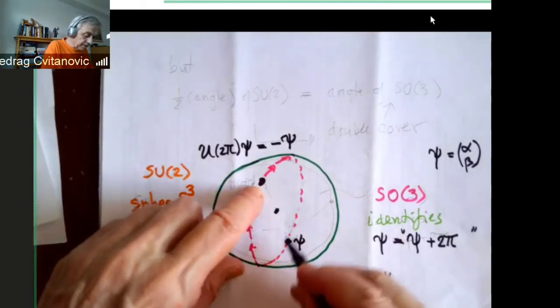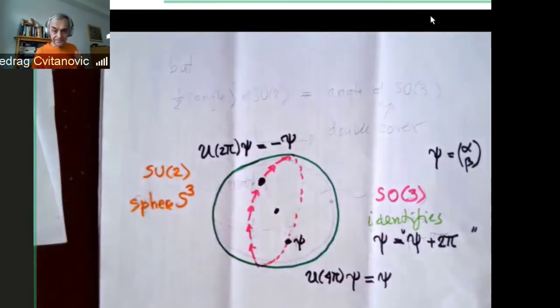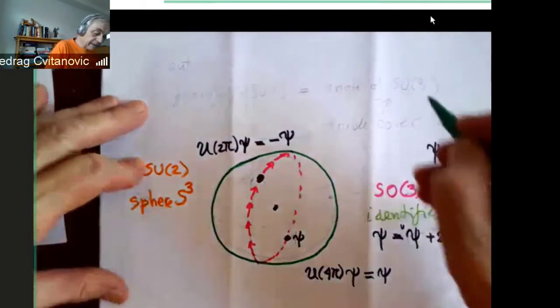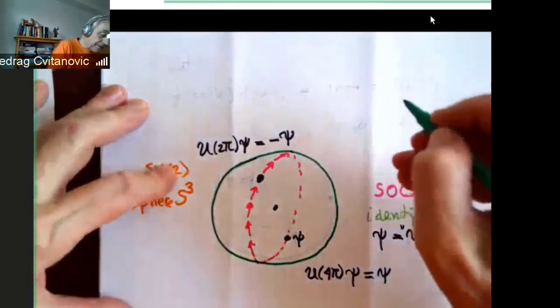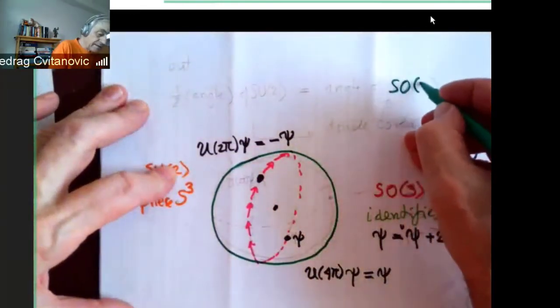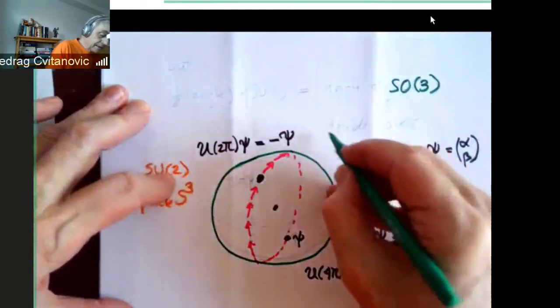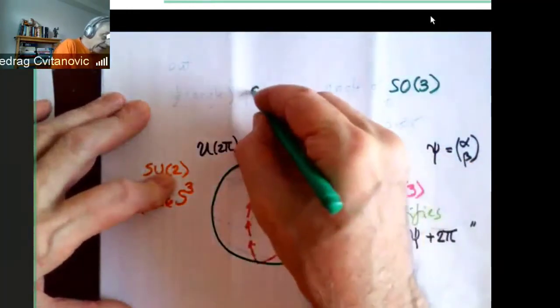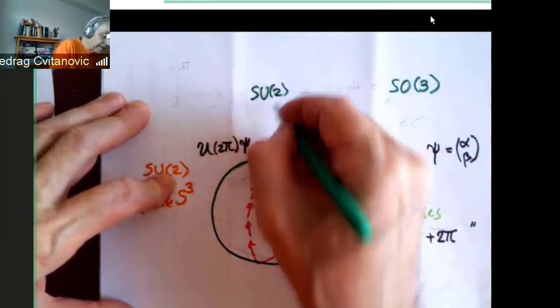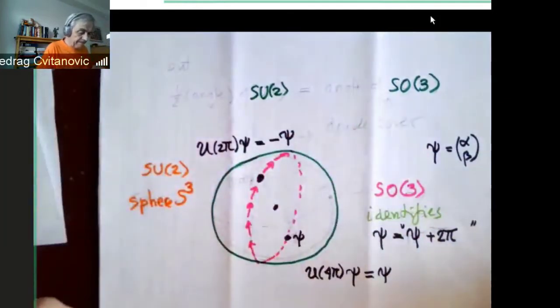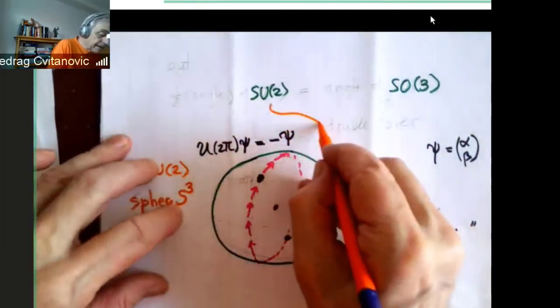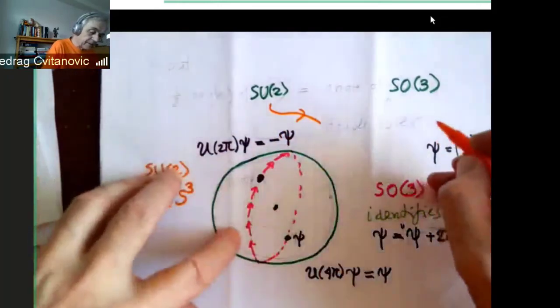So these 2 points for SO3 are the same, whereas for SU2, they're very distinct. One is minus the other one. So one says that SU2 compared to SO3 is a double cover.